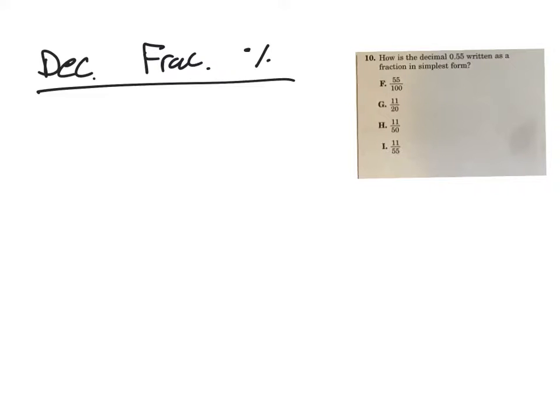Let's go, number 10. How is the decimal 0.55 written as a fraction? Okay, so then I have fraction, then I have percent. Okay, so it gives us the decimal 0.55. It wants to know what is the fraction in simplest form.